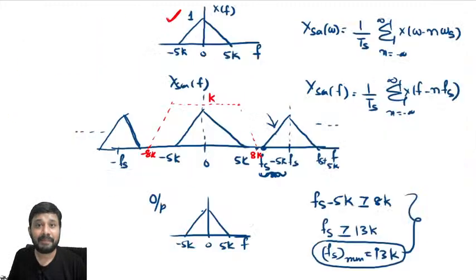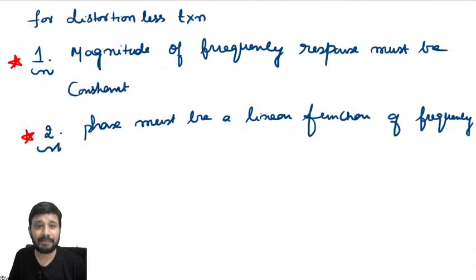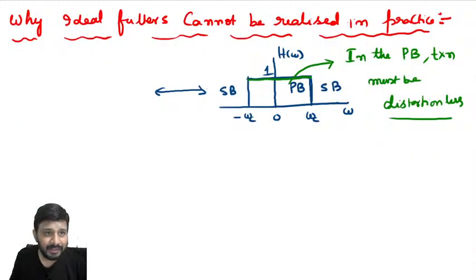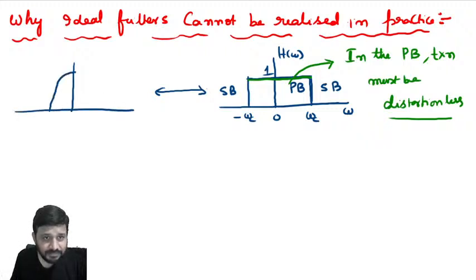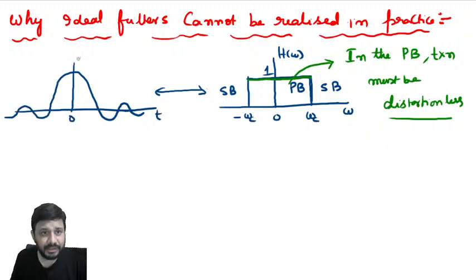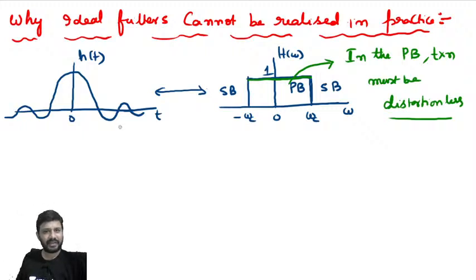Sorry, the impulse response of a low pass filter is a sinc pulse. So what could be the shape here? This is the impulse response. Agreed? This is the frequency response, and this is the impulse response.